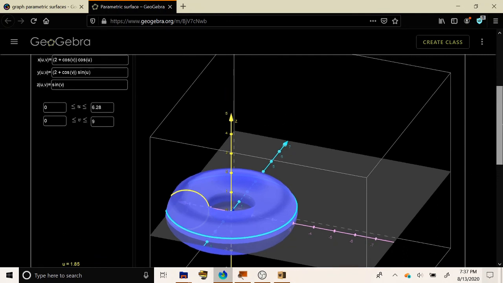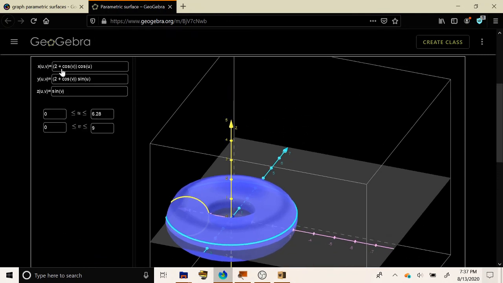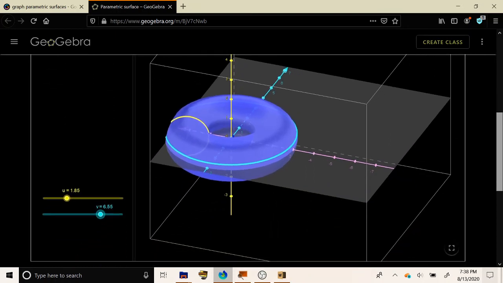So it gives you the opportunity to type in the functions that you have for x of u and v, y of u and v, and z of u and v. And here's our torus example, and as you can see, GeoGebra has just gone right ahead and graphed our donut for us. Now, there are some pretty neat sliders here at the bottom which tell you what points different values of u and v are pointing toward.